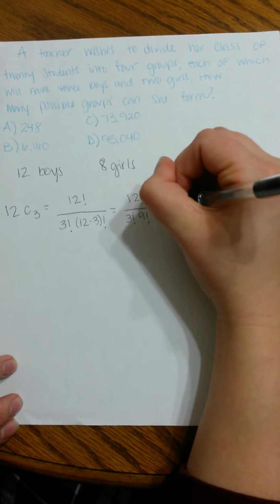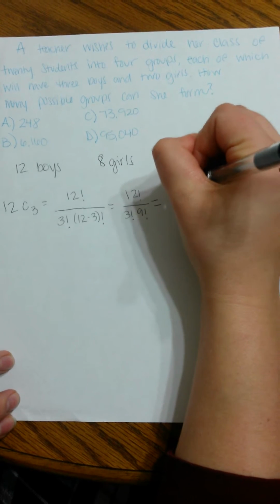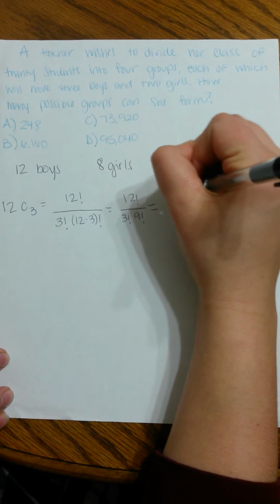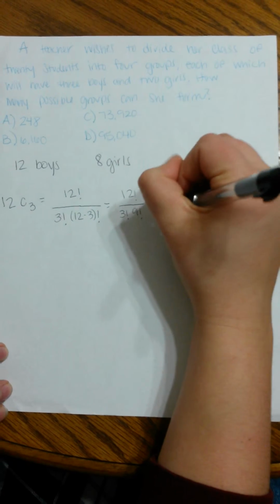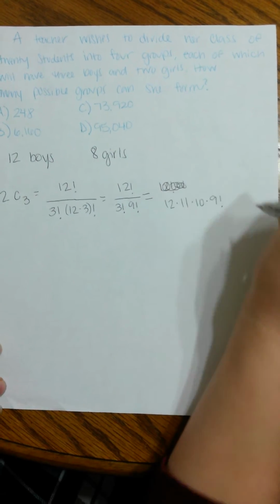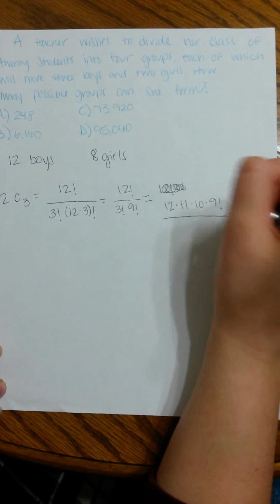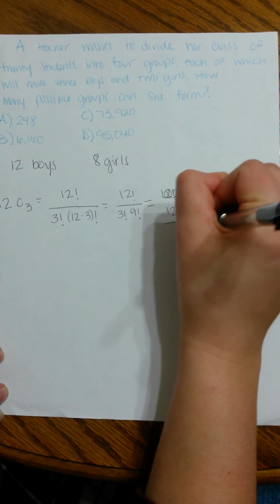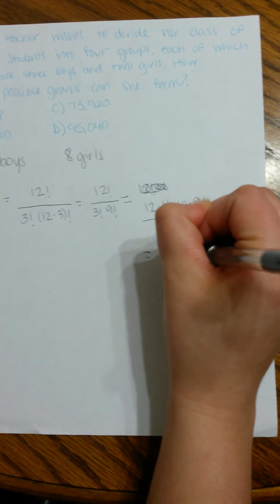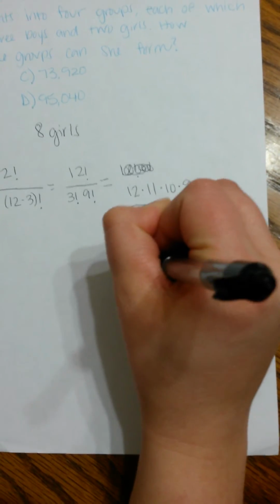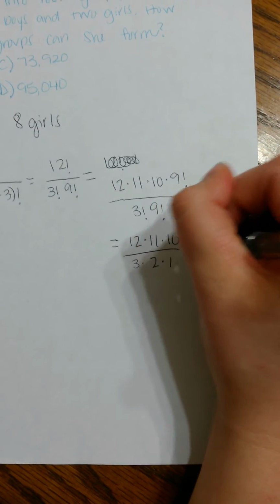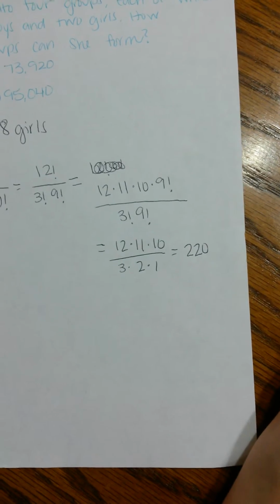So then, like I said, you can use your calculator, or if you do it by hand, that's saying 12 times 11 times 10 times 9 factorial, all over 3 factorial times 9 factorial, which if we simplify is 12 times 11 times 10 all over 3 times 2 times 1, which if you multiply that is equal to 220.